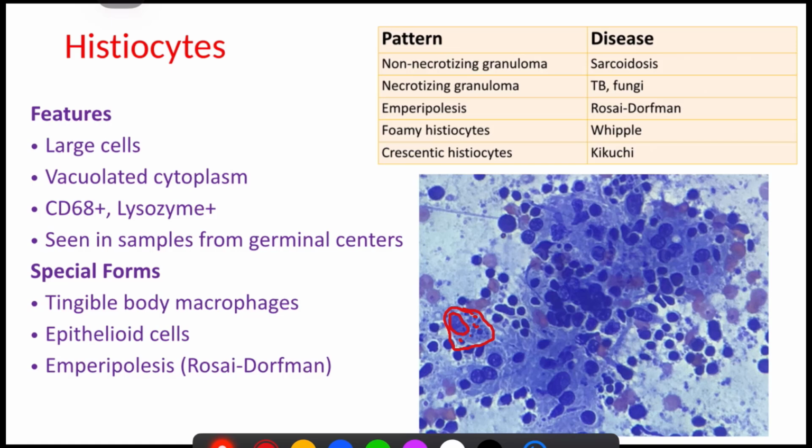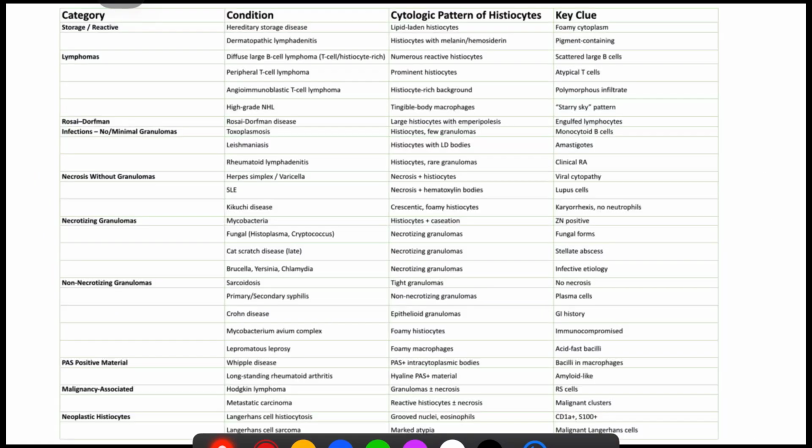Emperipolesis, this is seen often in Rosai-Dorfman. So if you see a pattern of non-necrotizing granuloma with epithelioid cells, it is sarcoidosis. Necrotizing granuloma in TB and fungi. Emperipolesis in Rosai-Dorfman, foamy histiocytes in Whipple's, and crescentic histiocyte, which is the characteristic of Kikuchi's disease.